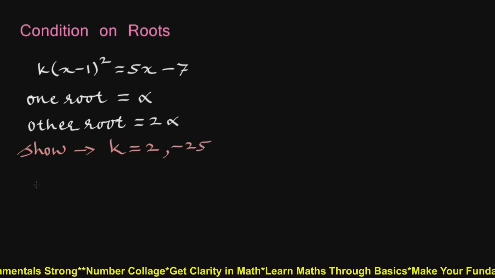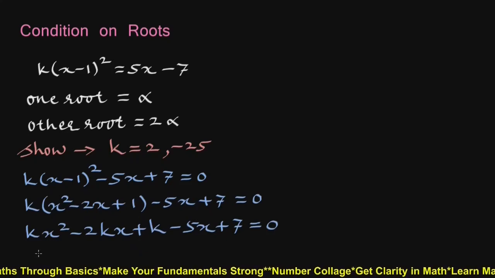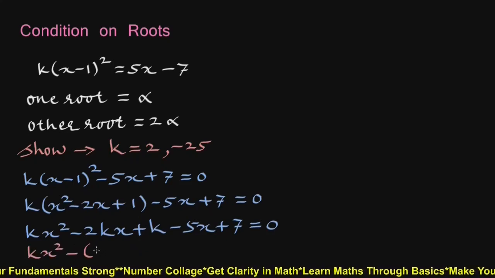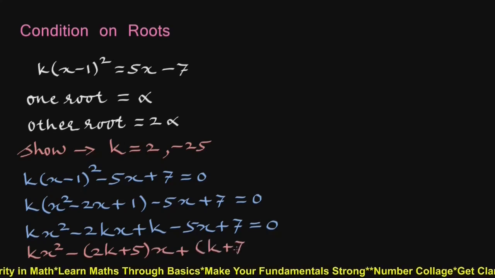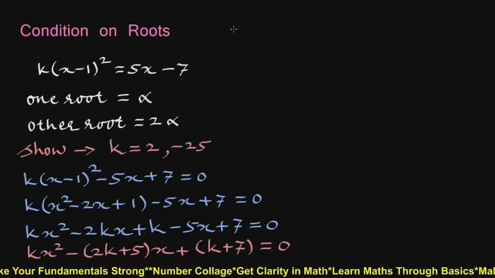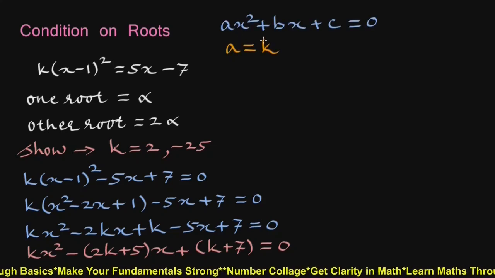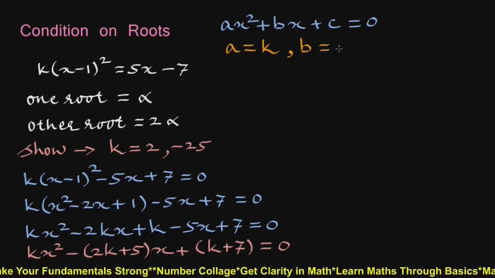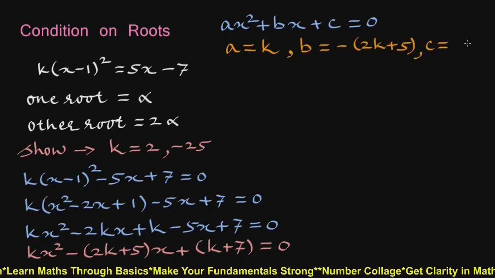The given quadratic equation, which is k into x minus 1 whole square equals 5x minus 7, will be kx square minus 2k plus 5 x plus k plus 7 equals 0. Comparing this with the standard quadratic equation, we get a equals k, b equals minus 2k plus 5, and c equals k plus 7.